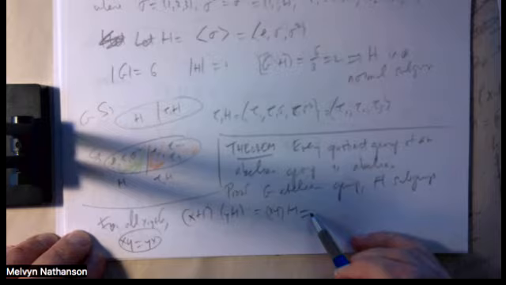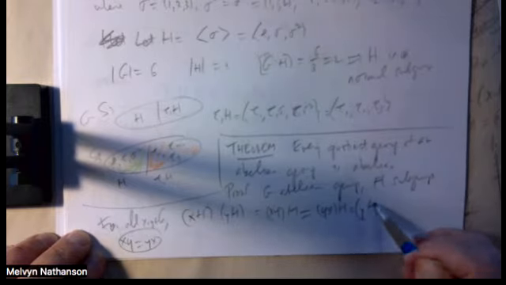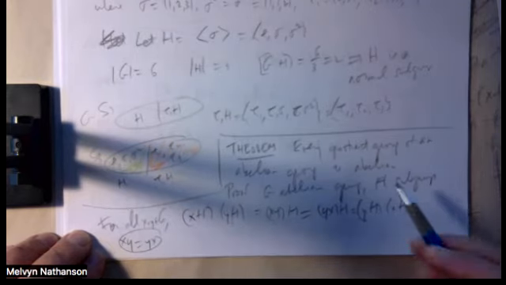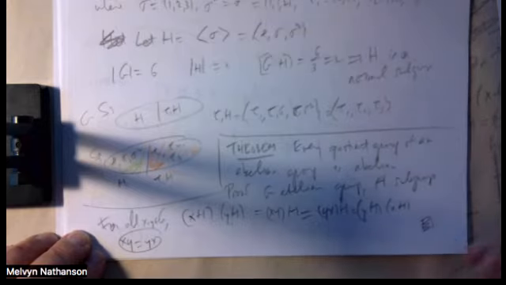But the group's abelian, xy equals yx. So xyH is yxH, which is yH times xH. So the coset xH times the coset yH equals the coset yH times the coset xH. And that's the end of the proof. It says that coset multiplication is abelian.